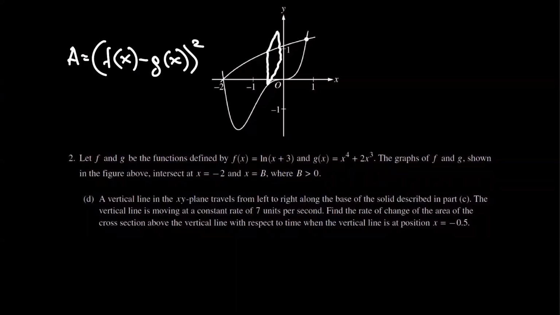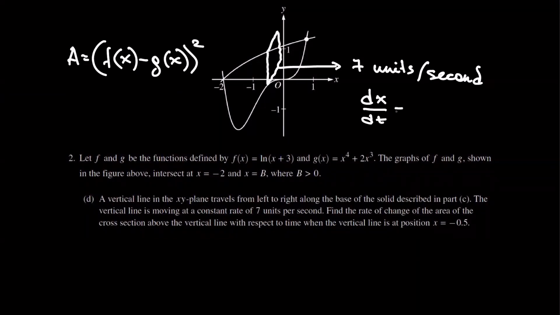And so we need to find the change in A with respect to time. And what we are given is that this is 7 units per second. And what it really is, this movement, this change, is dx over dt.